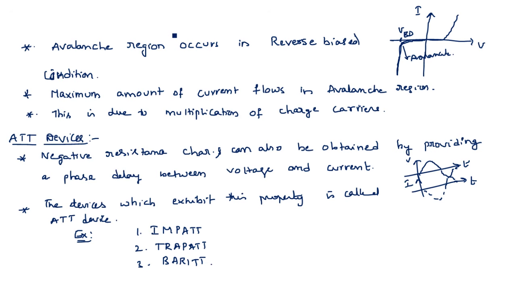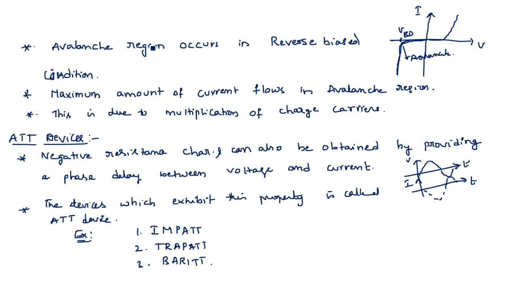Let us see the first one, the IMPATT diode. In this video I will explain completely the operation and construction of the IMPATT diode. The remaining two I will explain in the next videos.